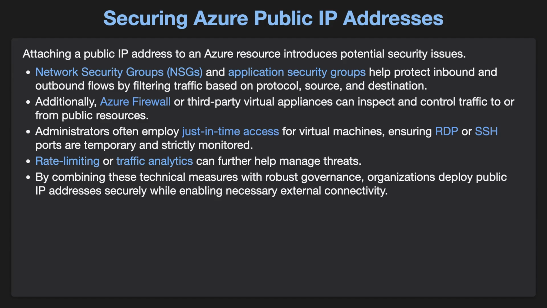Administrators often employ just-in-time access for virtual machines, ensuring RDP or SSH ports are temporary and strictly monitored. Rate limiting or traffic analytics can further help manage threats. By combining these technical measures with robust governance, organizations deploy public IP addresses securely while enabling necessary external connectivity.